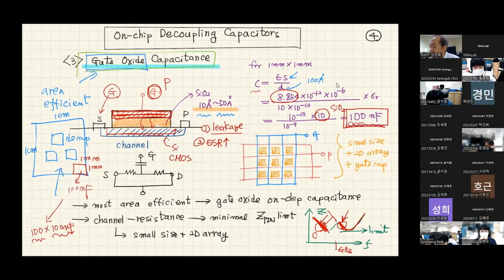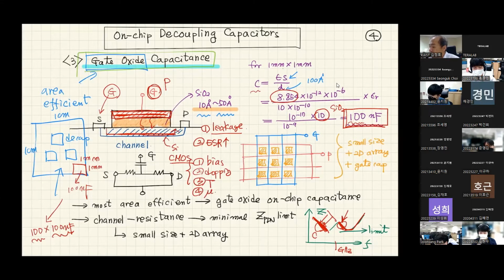This channel is not a perfect metal, it is a silicon channel. So depending on the bias, doping, and temperature, you're going to have different mobility, and so you're going to have some channel resistance.